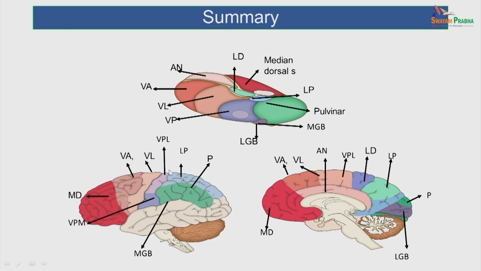Then we have the VPL and VPM nuclei going to the specific sensory cortical area. In the upper part is the VPL nucleus, in the lower part it is the VPM nucleus, conveying the trigeminal lemniscus and the gustatory pathway. Then the pulvinar is connected to the inferior parietal lobule, and also on the superior part, the lateral dorsal and lateral posterior nuclei.